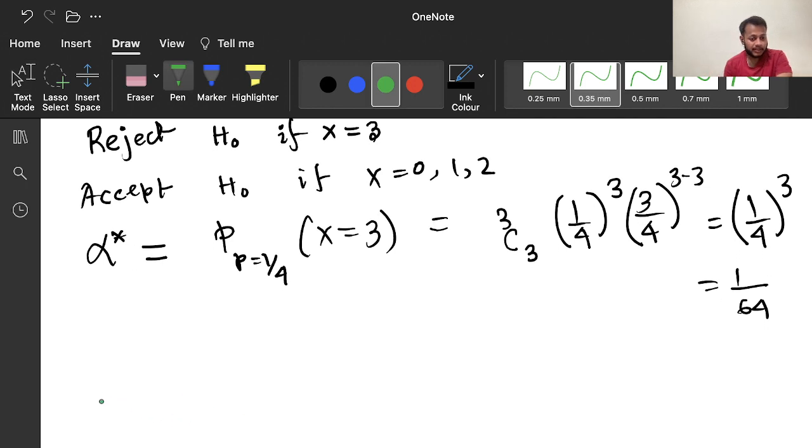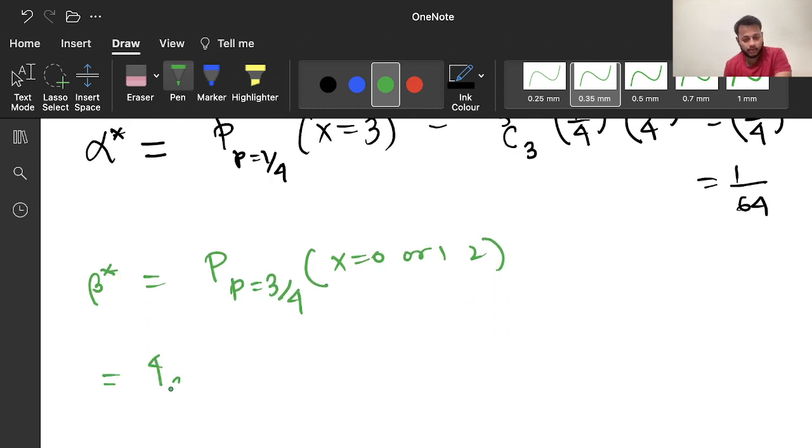Let us check beta star. What is the probability that, with p equal to 3 by 4, we will accept H0, meaning x equal to 0 or 1 or 2?